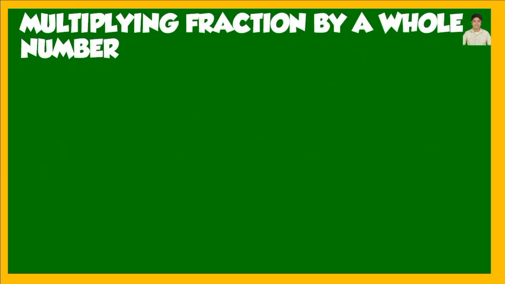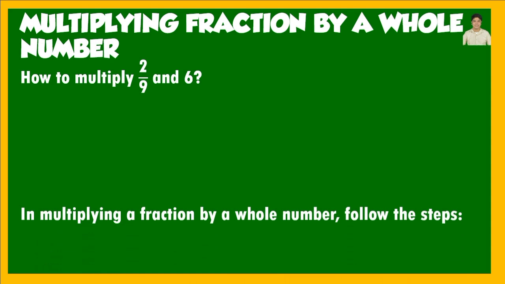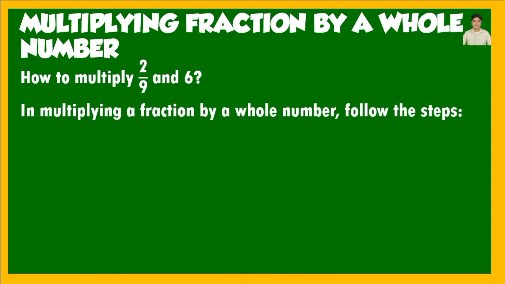So, let us now proceed to multiplying fraction by a whole number. So, the question is, how to multiply 2 over 9 and 6? So, paano nga ba natin minumultiply ang isang fraction, which is 2 over 9, sa isang whole number na 6? In multiplying a fraction by a whole number, follow the steps.